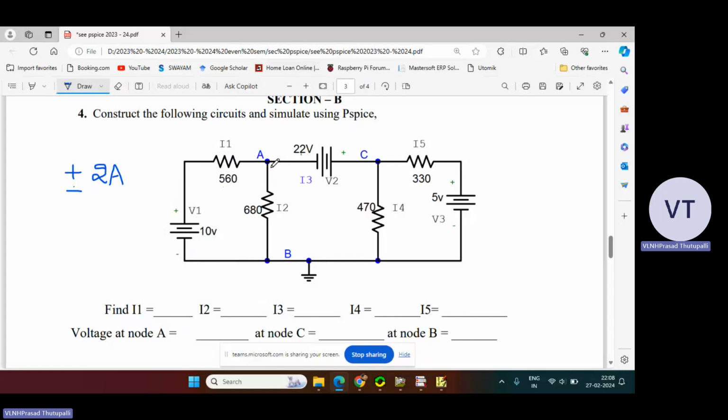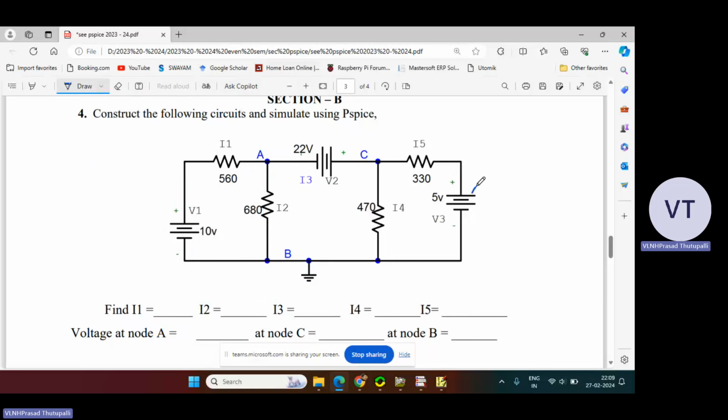Let us suppose the current from A to B in this direction is 2 amperes, in the opposite direction it is going to be minus 2 amperes. I didn't specify the direction of the current, so you need not worry about the plus or minus sign in this circuit diagram.